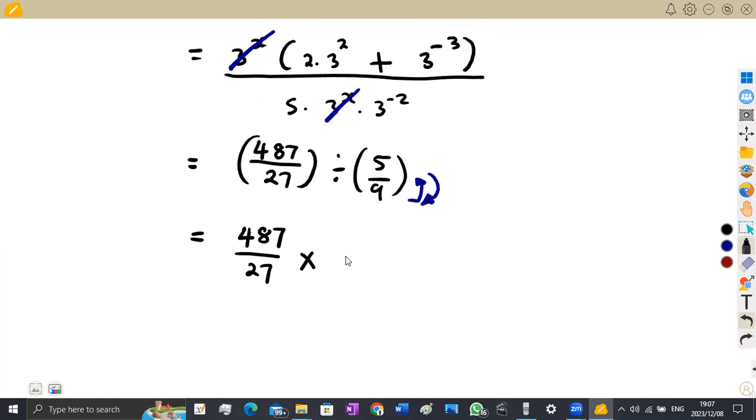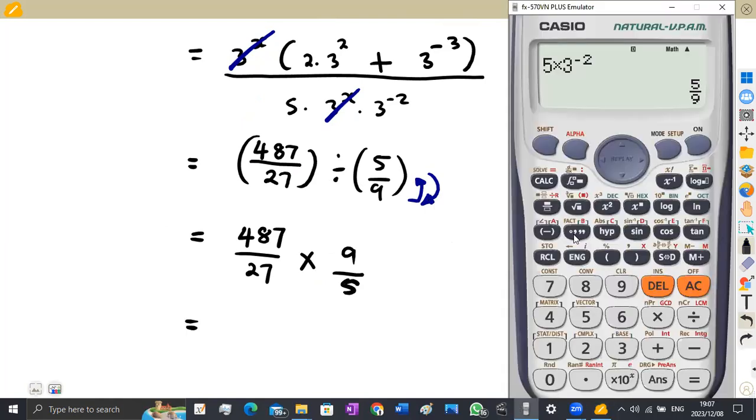So this is going to be 9 on top and 5 in the denominator, so it's going to be 9 over 5. So this can be simplified. Here we simply have 487 over 27, and we multiply by 9 over 5. So this is going to give us 487 over 15.